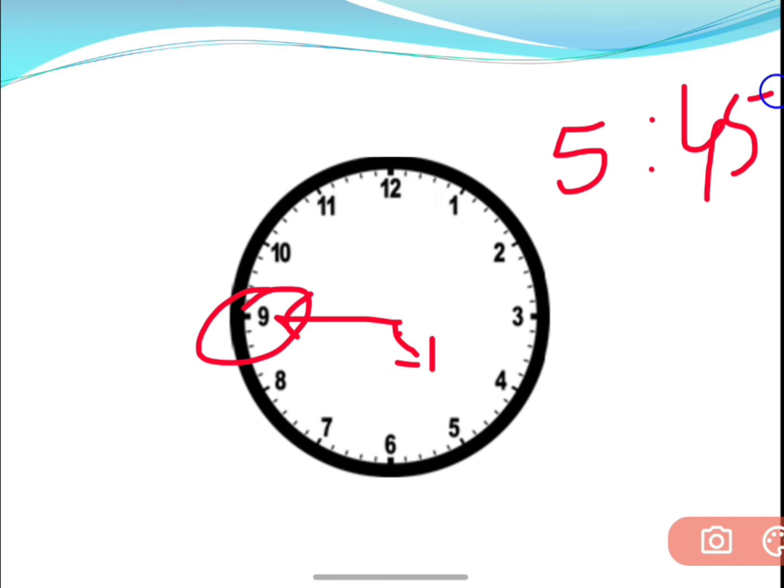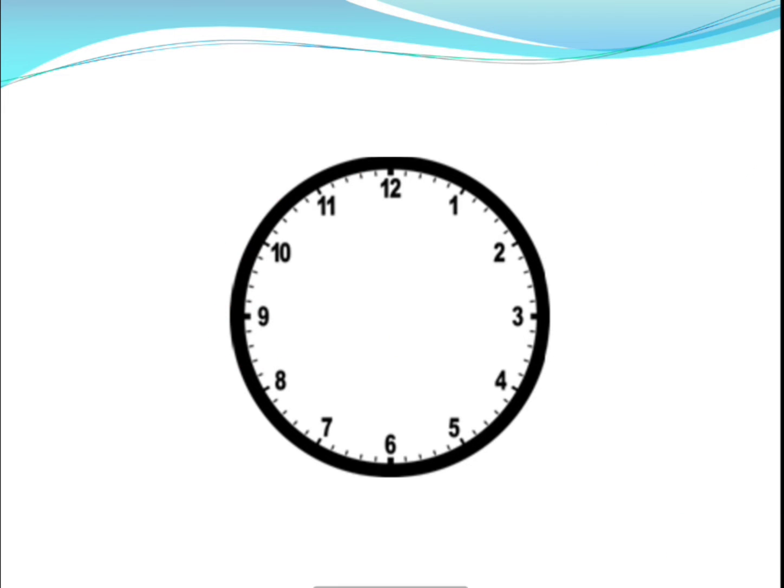The same time can be read in another way also. In 5:45, in 15 minutes it becomes 6, isn't it? So it is called quarter to 6. The same 5:45 can be read as quarter to 6.